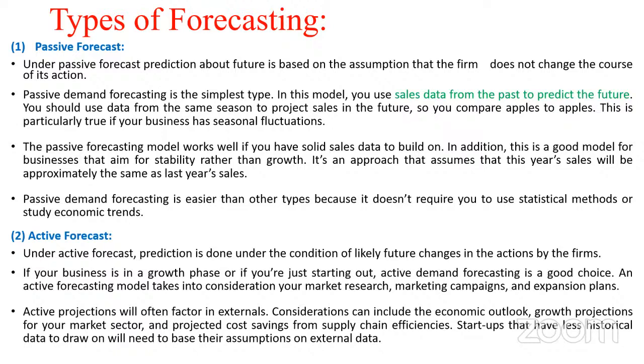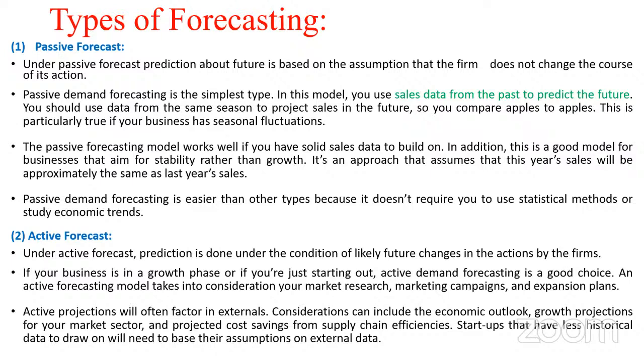Passive demand forecasting is the simplest type. In this model, you use the sales data from the past to predict the future. If we have the sales data of the previous four to five months, then we are able to predict the coming time periods, like in simulations.